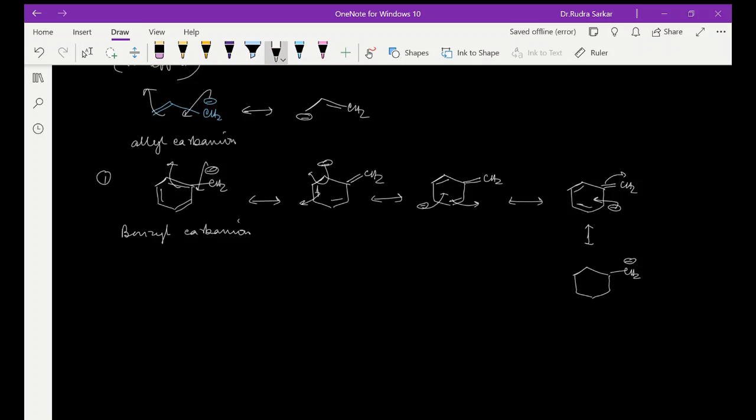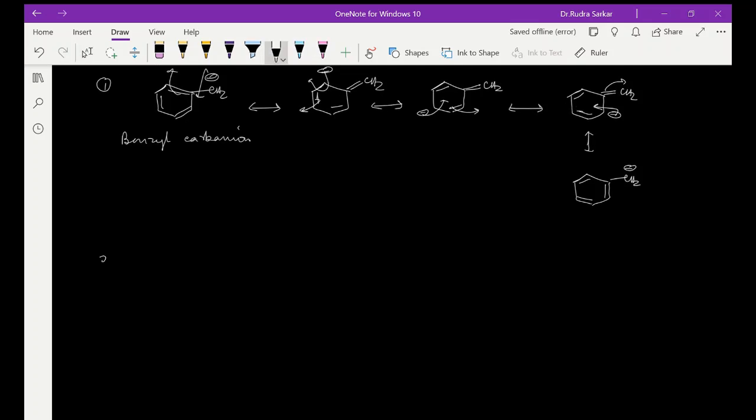Mind you, we will do a separate lecture on only resonating structures, which ones contribute more or less. Okay, so we're not considering this over here, but we will do for sure. So this can also be extended to a system like phenoxide.